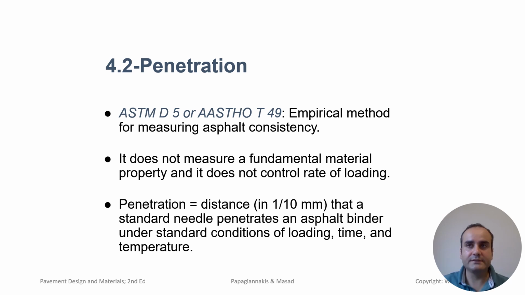For example, a 60-70 penetration grade means the needle penetrates 6 to 7 millimeters. The penetration value is a traditional way to classify the binder's consistency and its ability to resist deformation under different temperature conditions.